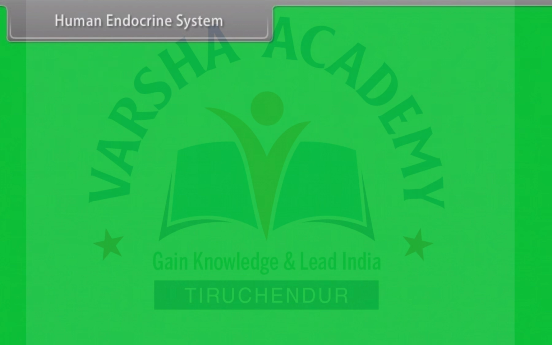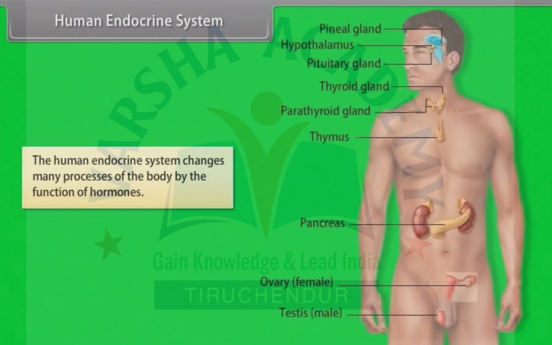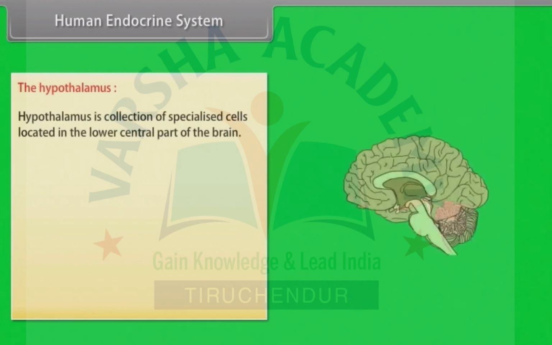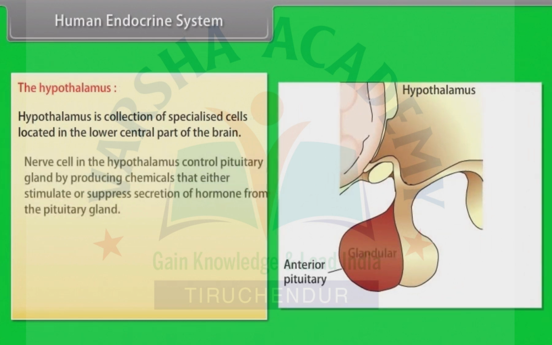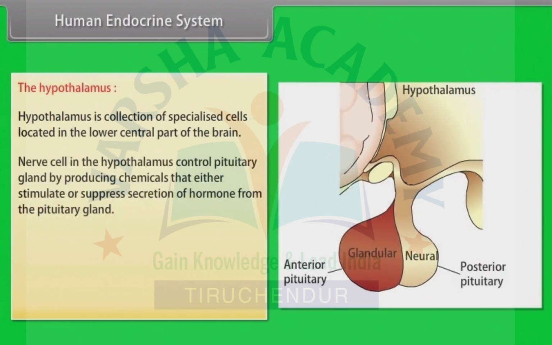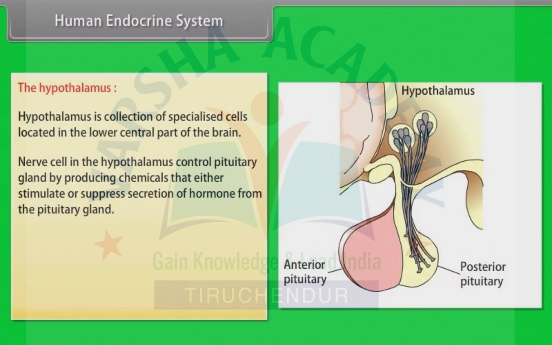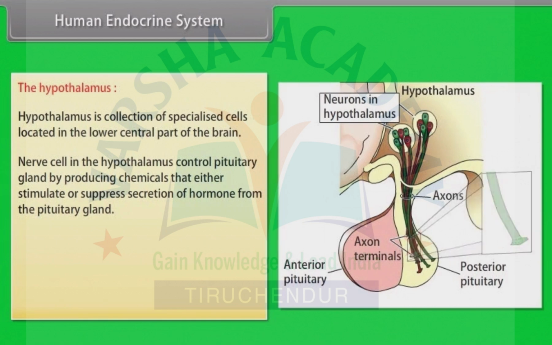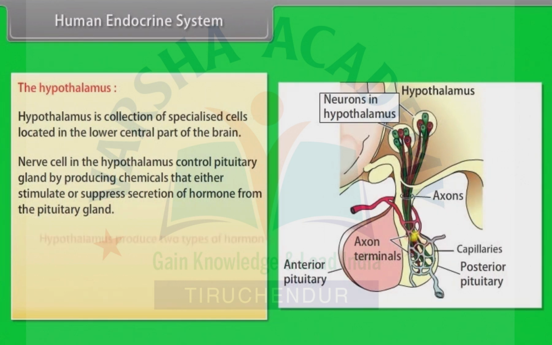Human endocrine system. The human endocrine system regulates many processes of the body by the function of hormones. The hypothalamus. Hypothalamus is a collection of specialized cells located in the lower central part of the brain. Nerve cells in the hypothalamus control the pituitary gland by producing chemicals that either stimulate or suppress secretion of hormones from the pituitary gland.